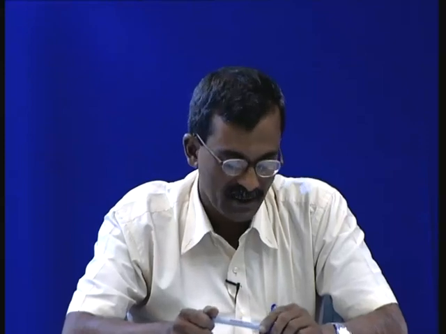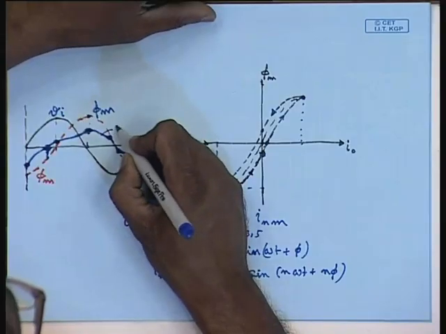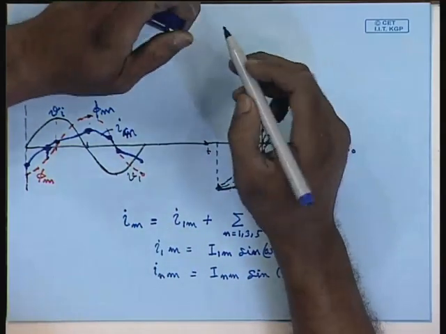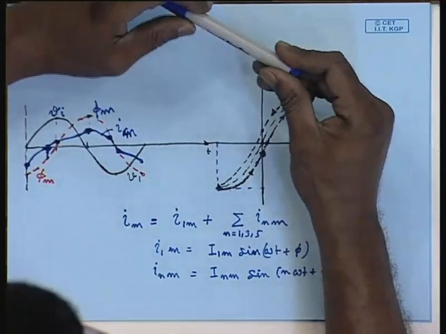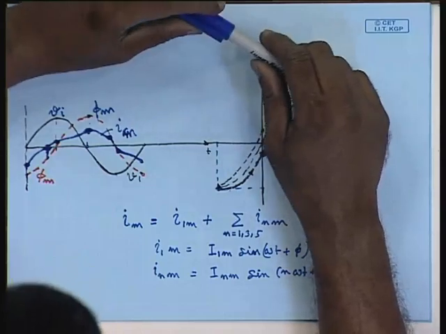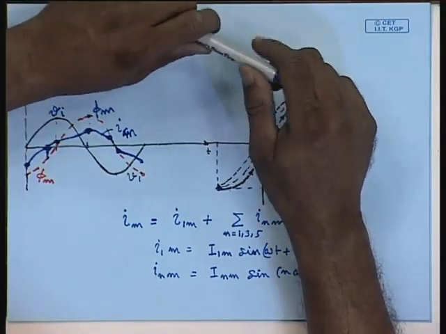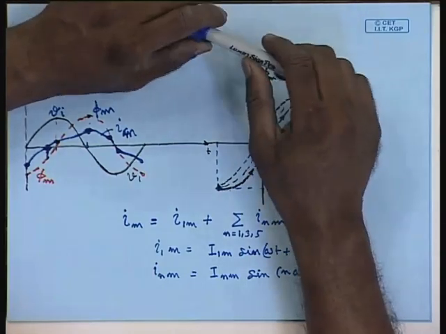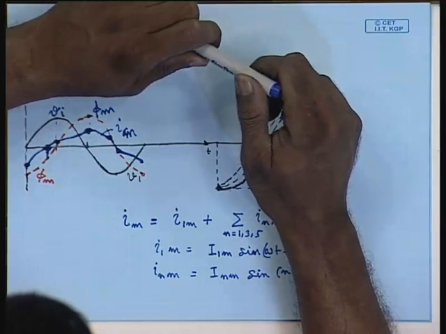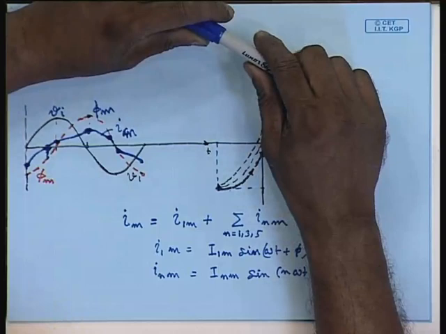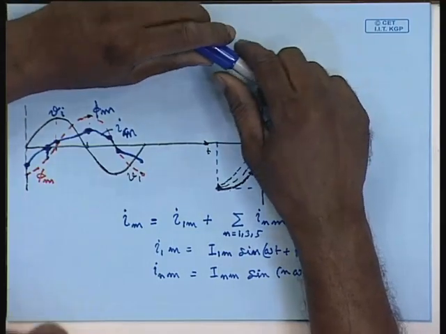If one decomposes the current waveform into its Fourier components, at the fundamental we will find that the current waveform has a large component which is in phase with the flux waveform phi m, and a smaller component which leads phi m, and in fact it is in phase with the supply voltage V1.